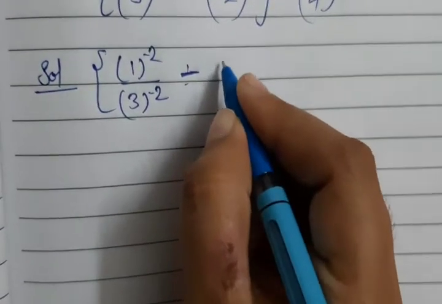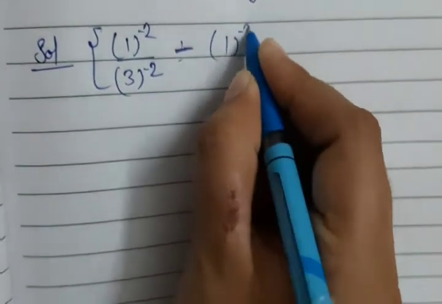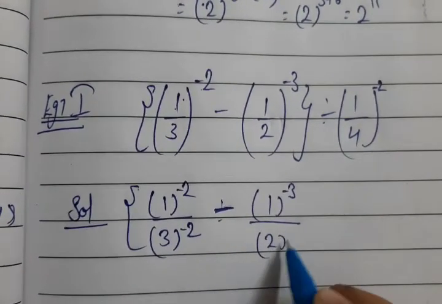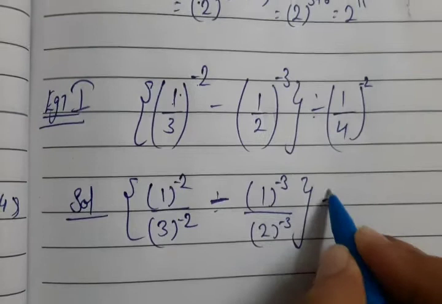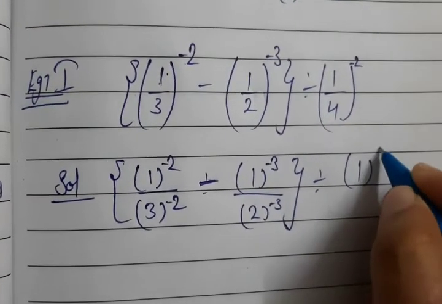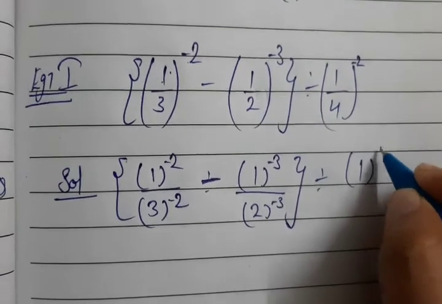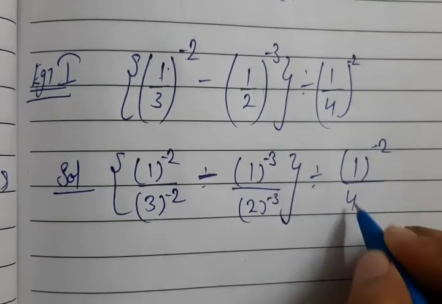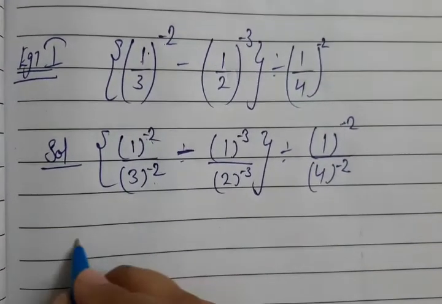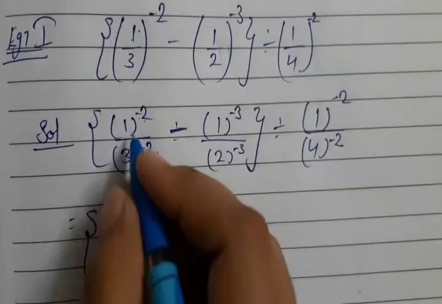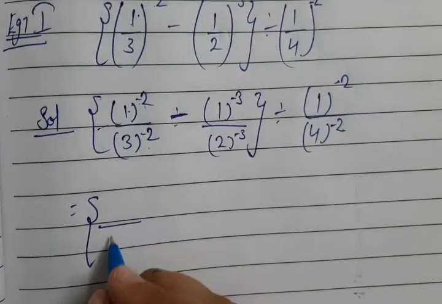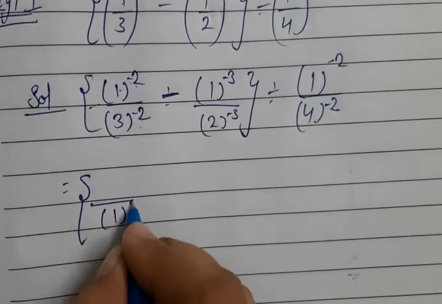That is equal to 1 raised to power minus 3 and 2 raised to power minus 3. Similarly, the same law we will use here: 1 raised to power minus 2 and 4 raised to power minus 2. Now to make these positive, we take the reciprocal of these powers.